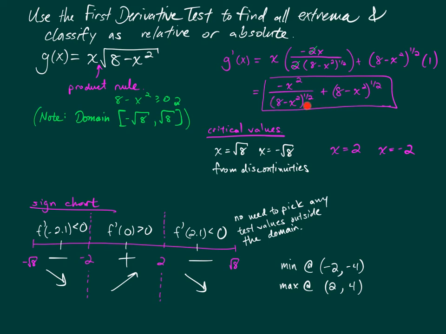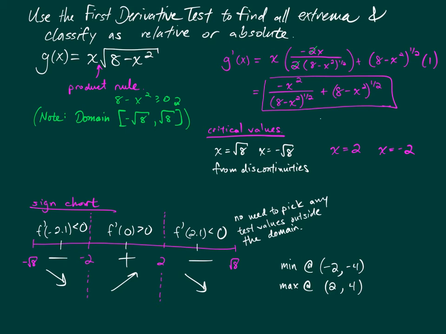This is the same expression as this part. So if you set this equal to 0 and solve for x, you'll get these two endpoints of the domain.